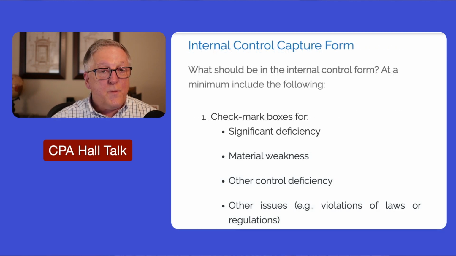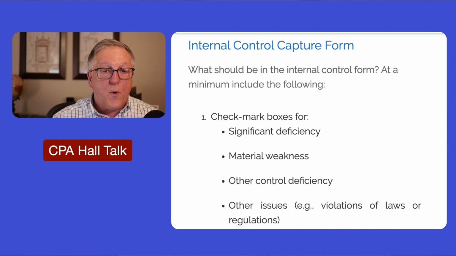So what should be on this internal control form? You could create one in Excel or Word, but these are the things that at a minimum I would include on your form. One, you want a place to designate or classify the internal control weakness as a significant deficiency, a material weakness, or an other control deficiency.